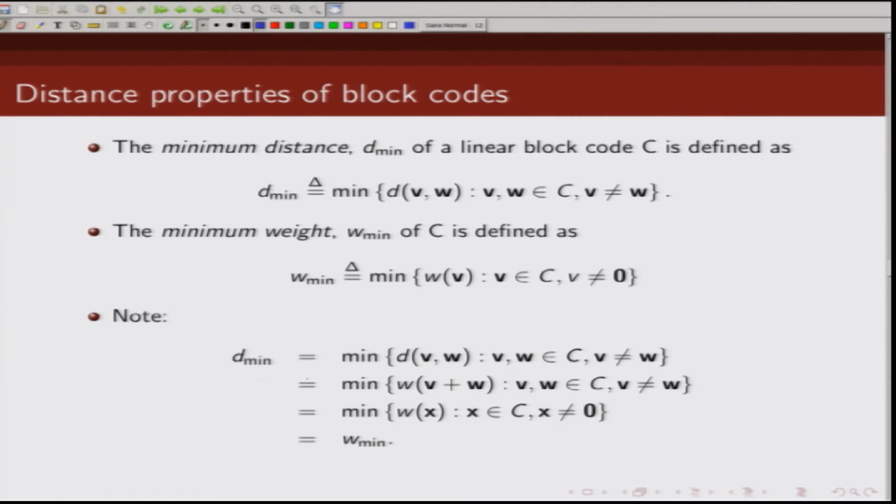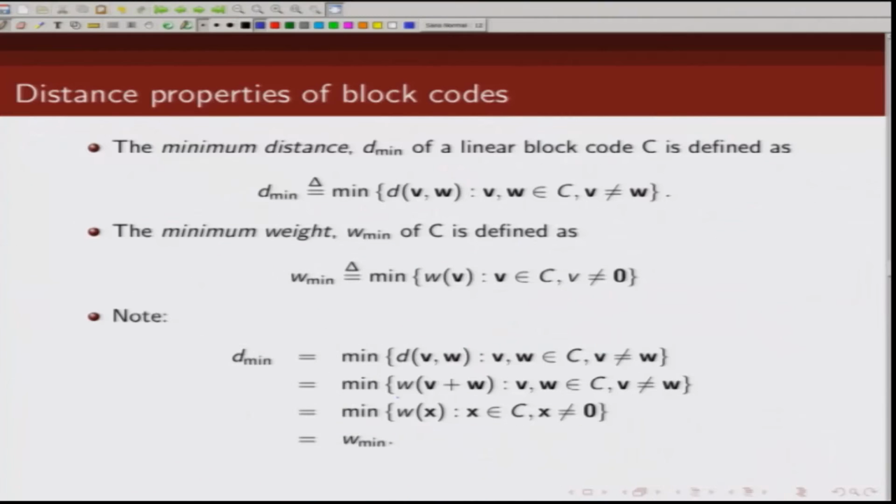So, the minimum distance of a code is defined as the minimum Hamming distance between any two code words v and w belonging to this linear block code C, where v is not the same as w. Now, we know that Hamming distance between v and w can be written in terms of Hamming weight of v plus w.